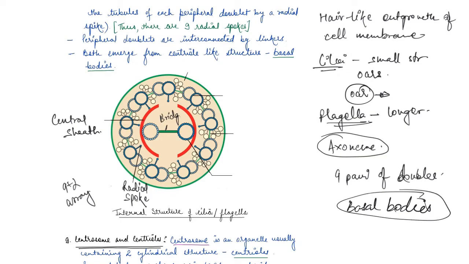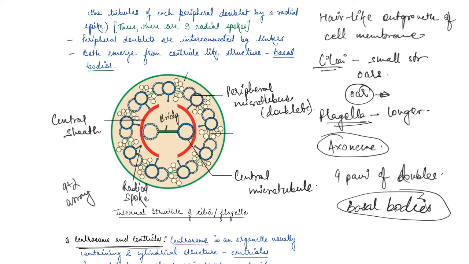So see again, this is the central microtubule, right? These are the peripheral microtubules and these are doublets.